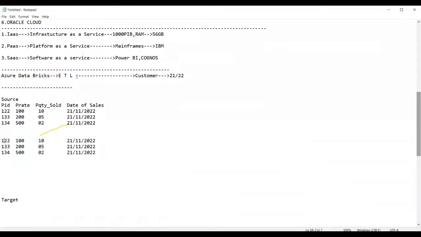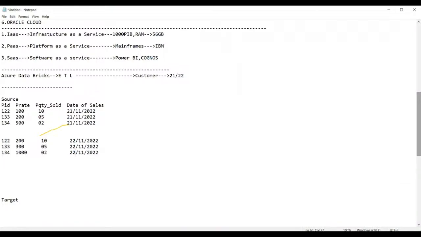But now, instead of 100, I will make the rate 200, here I'll make the rate 300, and here I'll make the rate 1000. The product quantity sold stays as it is, but I'm changing the date to 22.